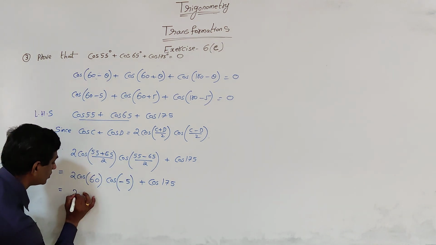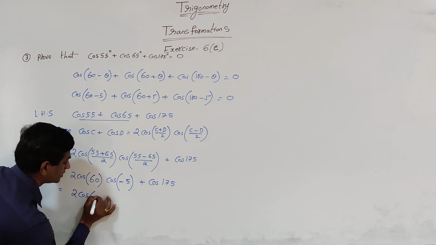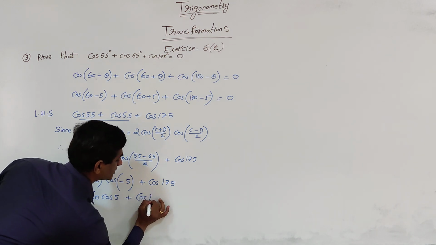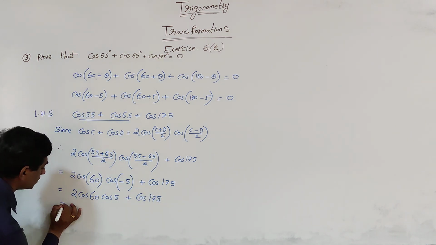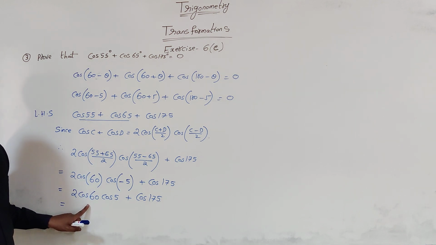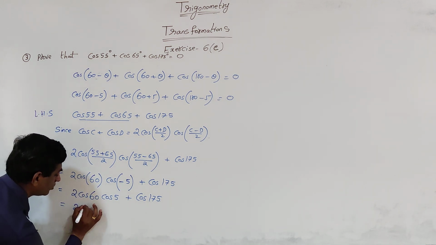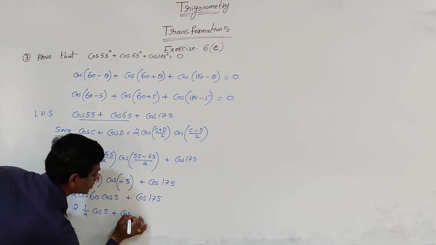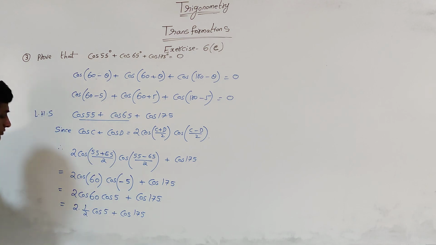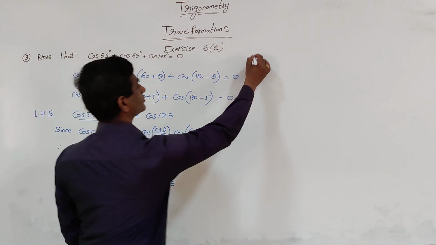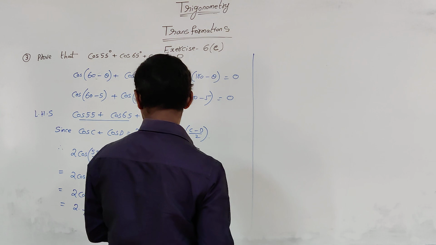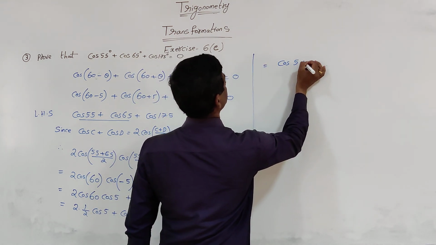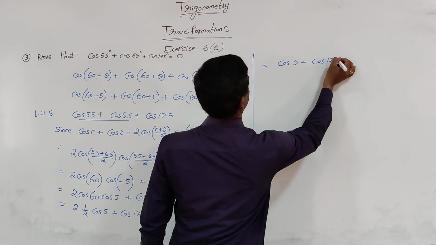So 2 cos 60 cos 5 plus cos 175. What is cos 60? 1 by 2. So 2 into 1 by 2 cos 5 plus cos 175. The 2 gets cancelled, and you are left with cos 5 plus cos 175.